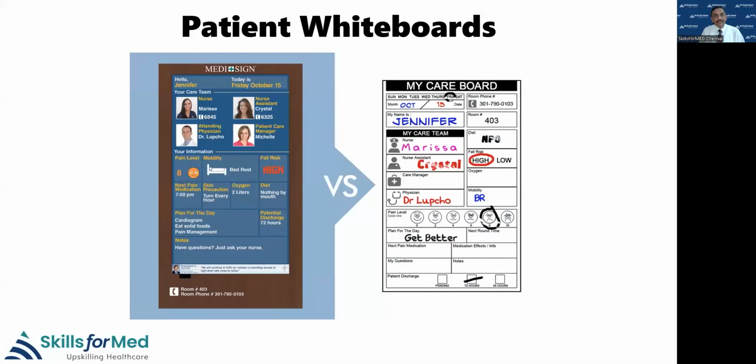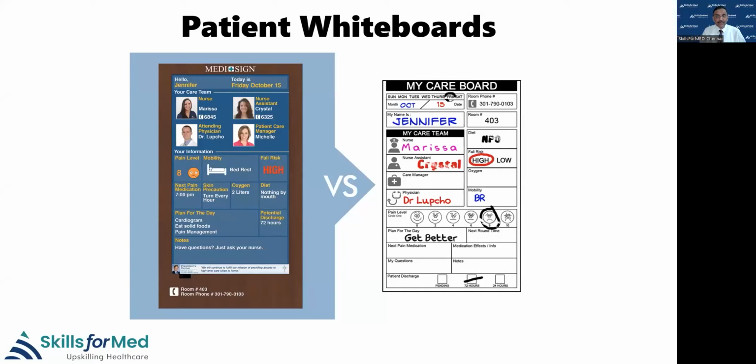Another thing I wanted you to look at is what is known as patient whiteboards. This is a very important tool which is there in each and every hospital in the West. Here you write down the name of the nurse who's going to take care, the doctor in charge, and various things like diet, fall risk, whether they're on oxygen, what the pain level is, and the plan for the day.